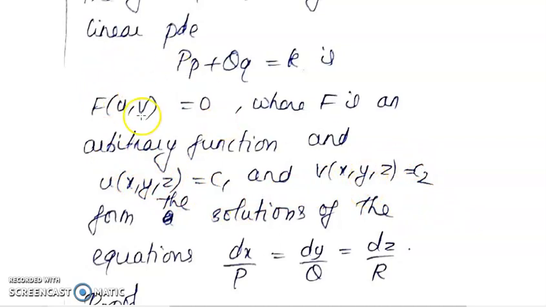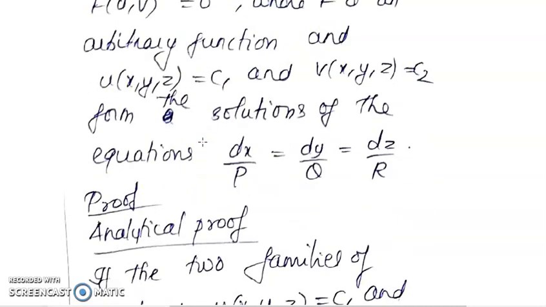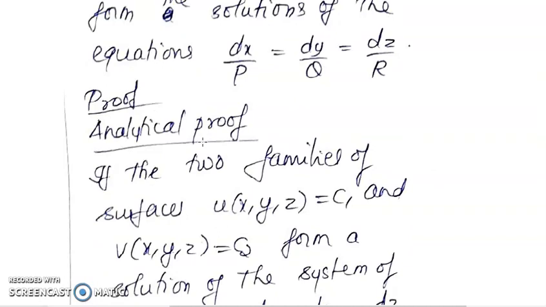Then an arbitrary function of the form f of u, v equal to 0 is going to be the solution of this equation. Now we'll prove this result. There are two proofs: the first one is an analytical proof and the second one is a geometrical proof. In today's class we'll see the analytical proof for the theorem.